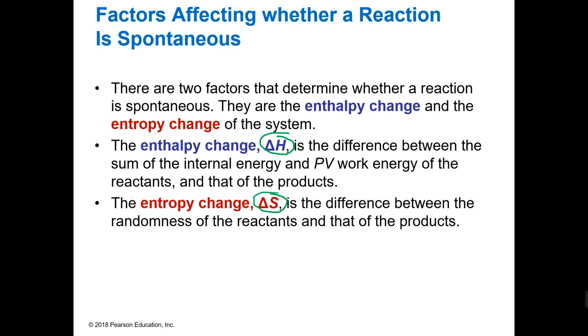With entropy, I don't want to use the word chaos, but it's a matter of how chaotic the system is. By chaos, we mean are we going from a very organized thing like a solid to a less organized, more chaotic gaseous phase, for example.